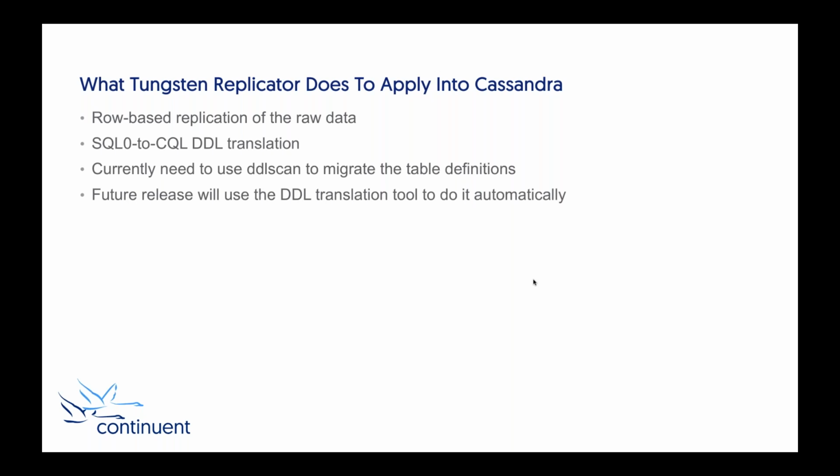As I mentioned earlier, and let's just dig into this a bit more, we do have to handle the difference, this change within the DDL within Cassandra. We do have our DDL scan tool, and the whole benefit of using it is that DDL scan goes over to the source database, in this case MySQL.